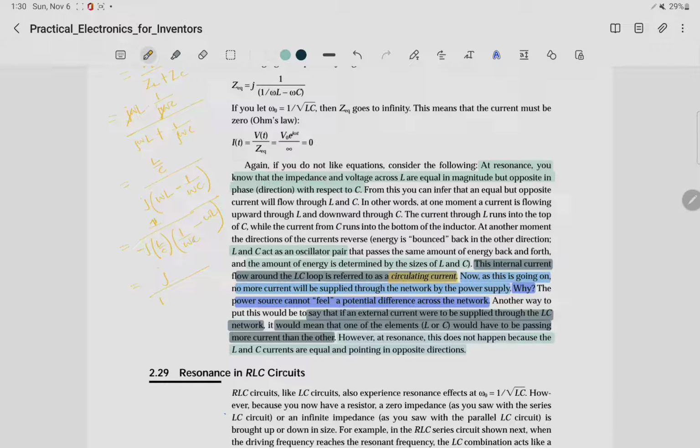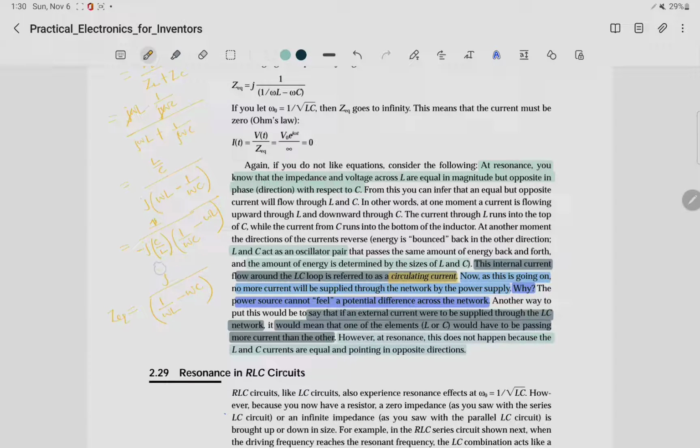Sorry, when we bring this down, it becomes C over L, the reciprocal. So the C's cancel out, so you have 1 over omega L, and this times this will give you omega C. So that is our equivalent impedance.